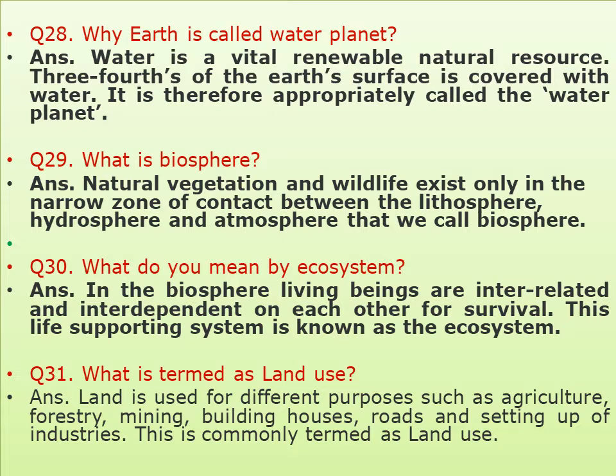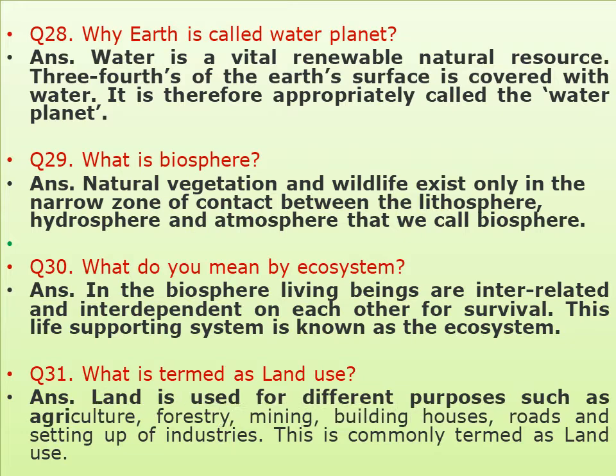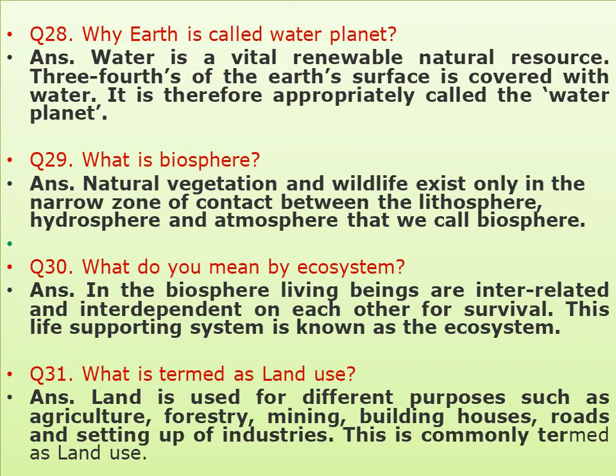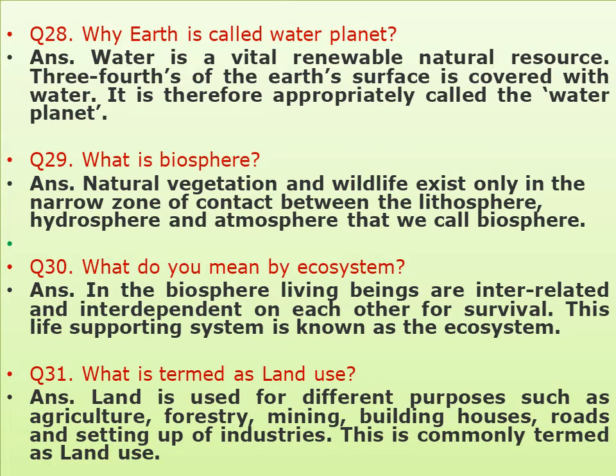Question number 31. What is termed as land use? Answer: land is used for different purposes such as agriculture, forestry, mining, building houses, roads, and setting up of industries. This is commonly termed as land use.